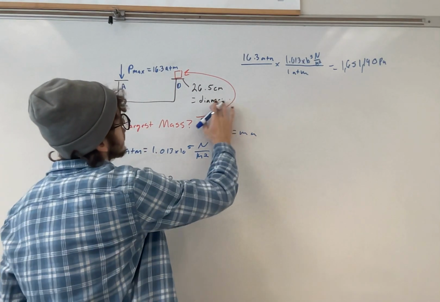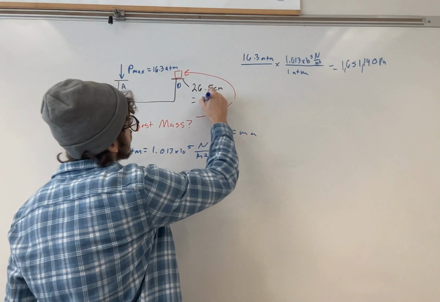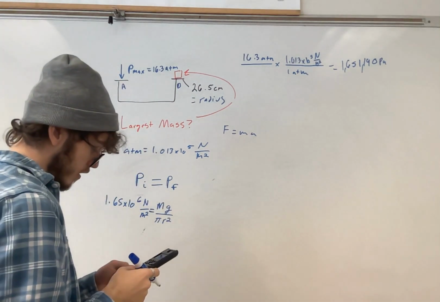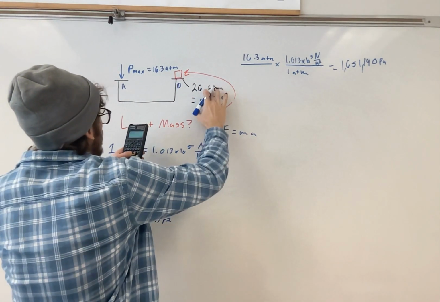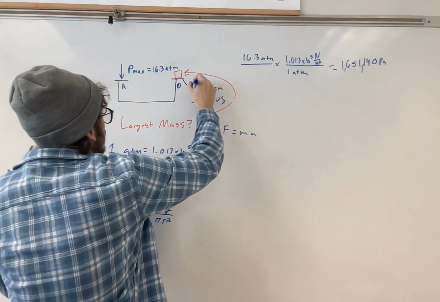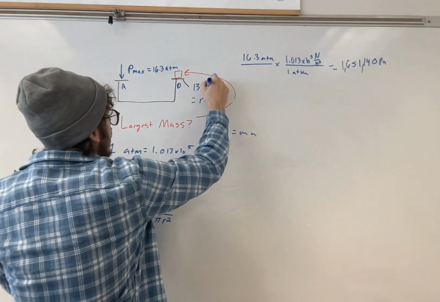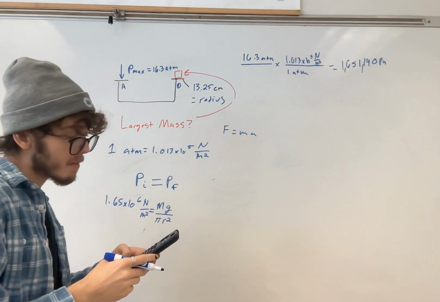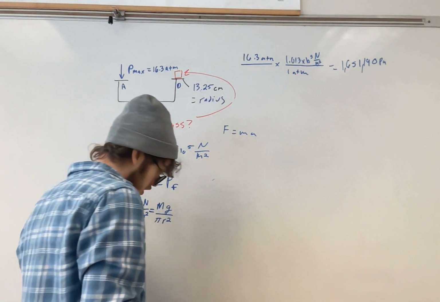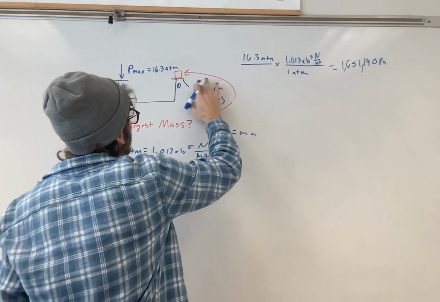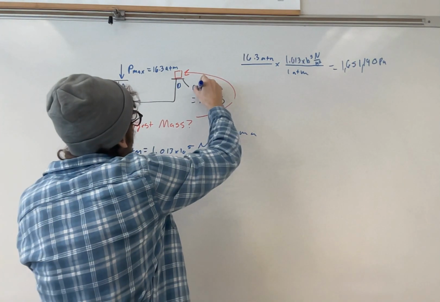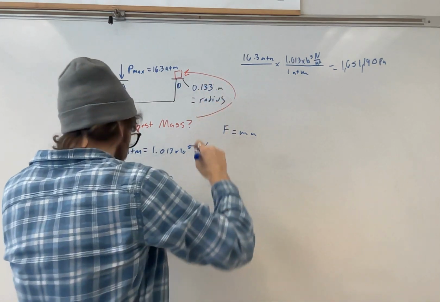The radius is equal to half of 26.5, and that would be 13.25 centimeters. We need to convert that to meters, so we divide by 100 to give us 0.133 meters for the radius.